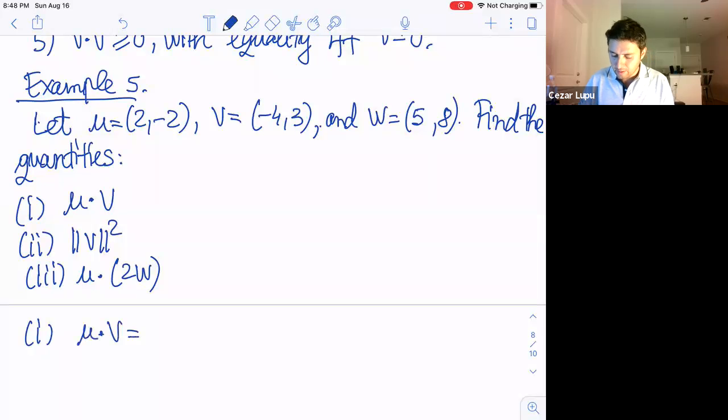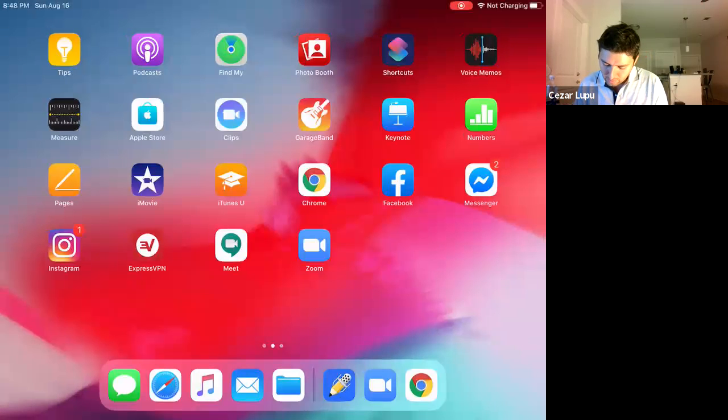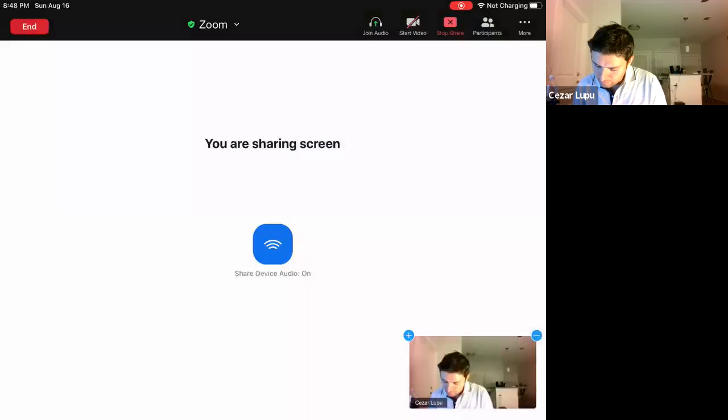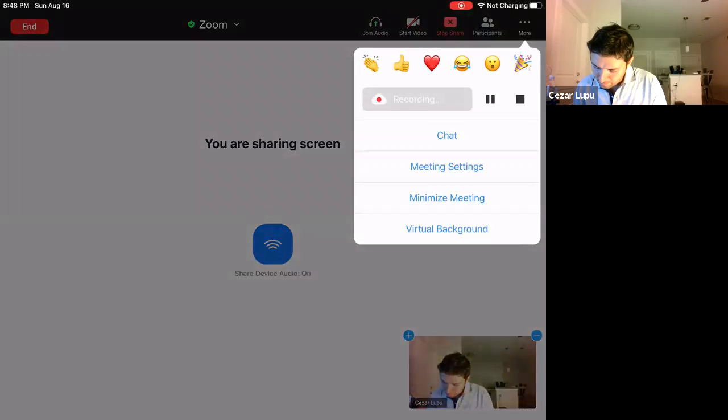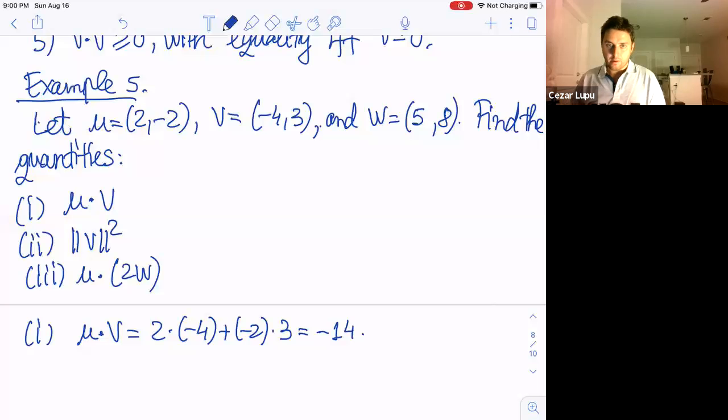u dot v, this is the dot product. So it will be 2 times -4 plus -2 times 3, which will be -8 minus 6, -14, right?